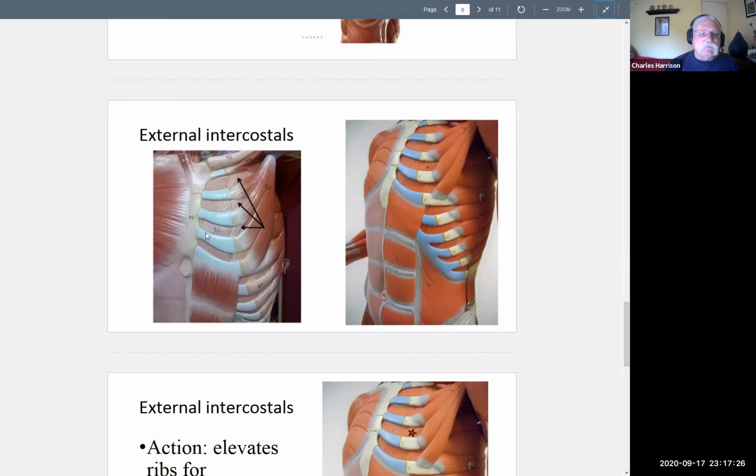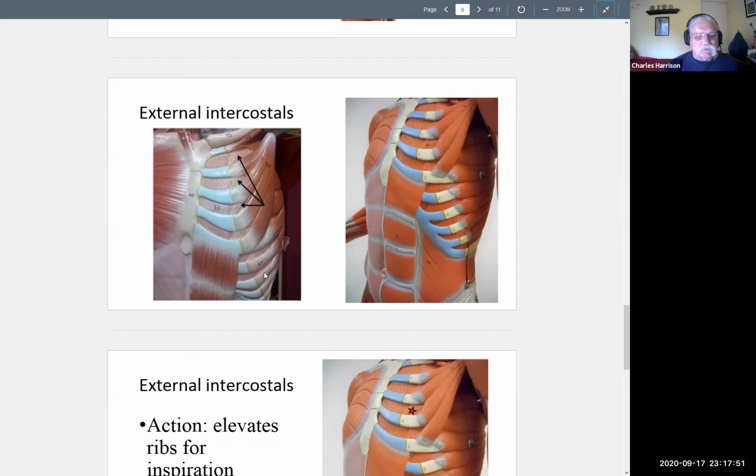and in between the ribs we have muscles. We have some muscles that are close to the sternum, and we have muscles farther away. And that's what's being pointed to here. These three, and this one down here, and this one way back here, these are the external intercostals, and they elevate the ribs for breathing or for inhalation.